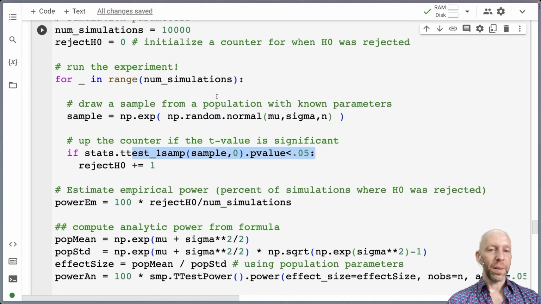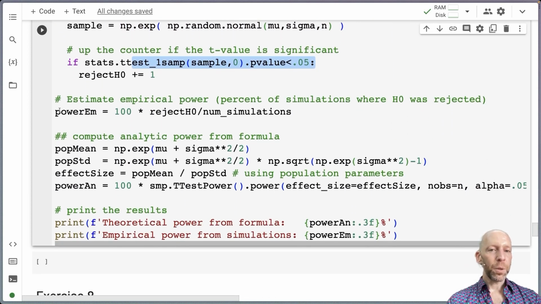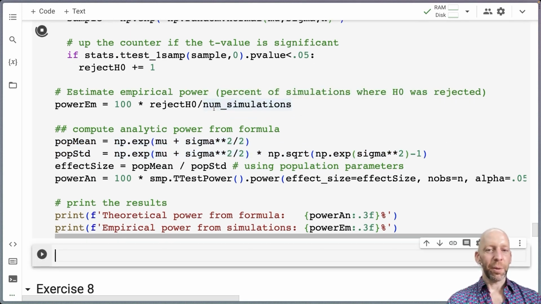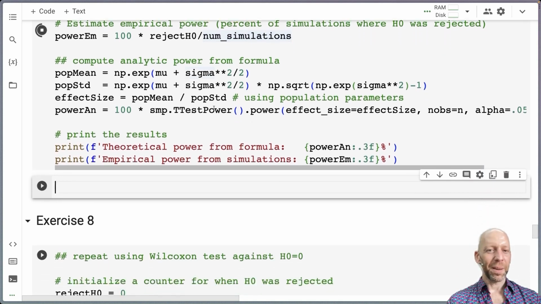Everything else is the same. And then I've just added here the calculation of the expected population mean and standard deviation, which is just the translation of those formulas into code. Okay, so let's run this. And you already know that something weird is going to happen here.